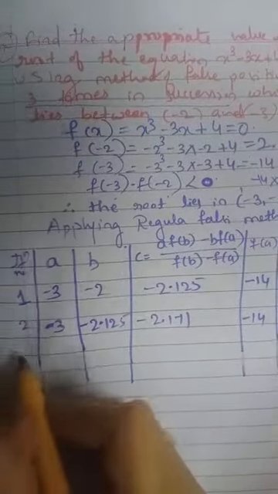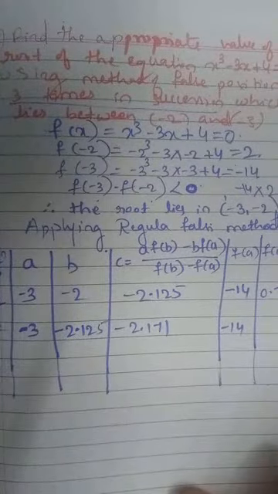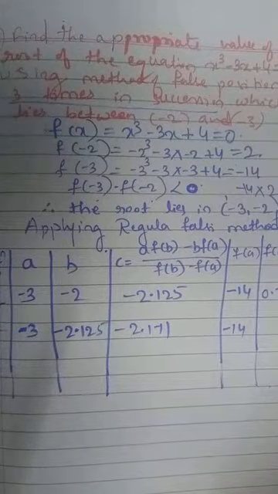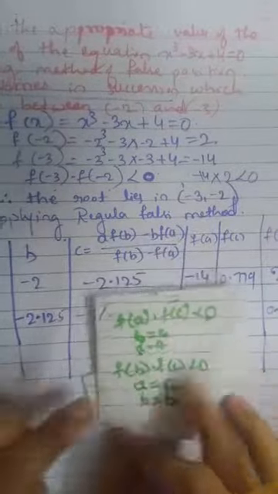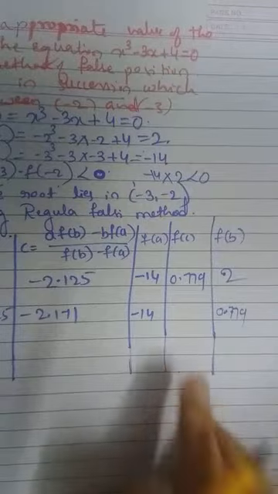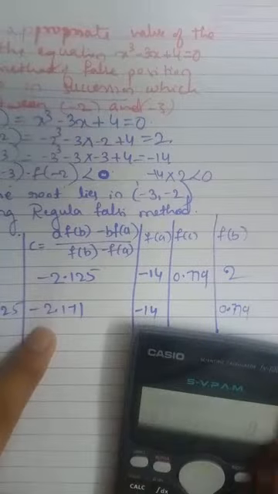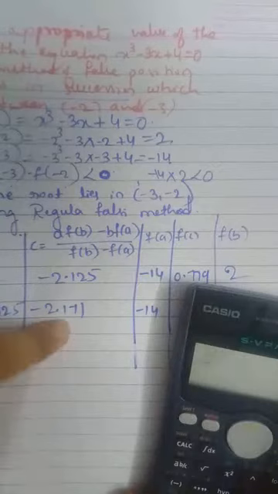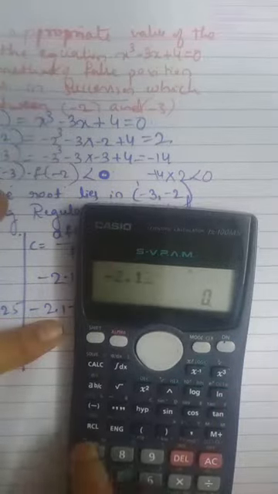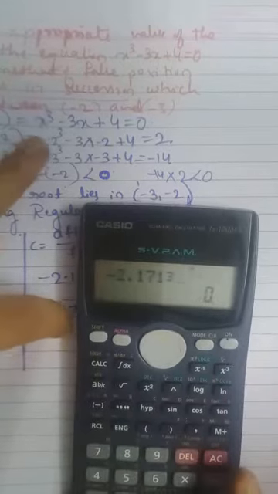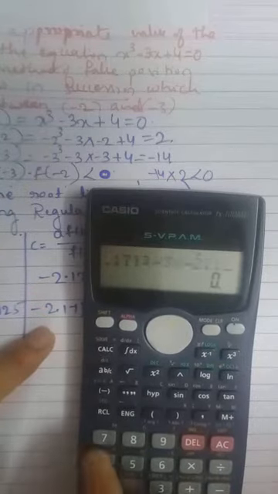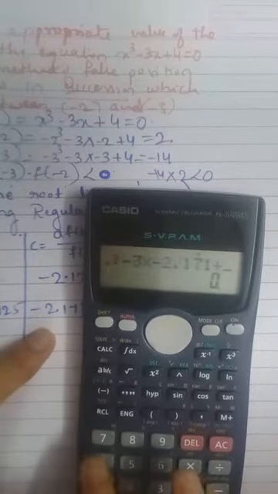Okay, so for the third iteration, again the question comes to choose the values of a and b. Now again, according to this condition, f of a and f of c we have not found out, right? So f of c we know, so find out the f of c. Substitute this c in this equation, that is -2.171 cube minus 3 into -2.171 plus 4.